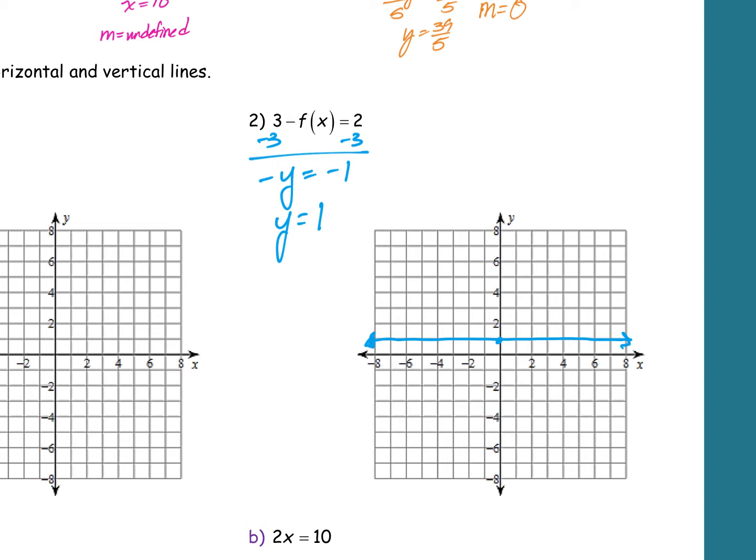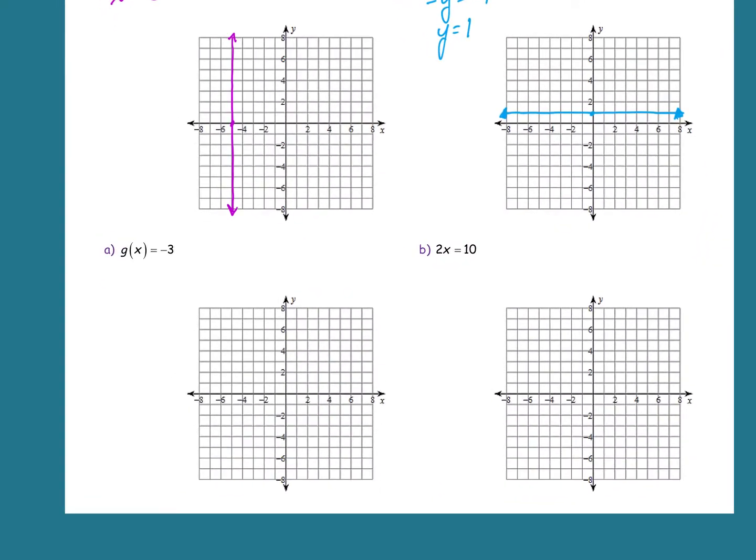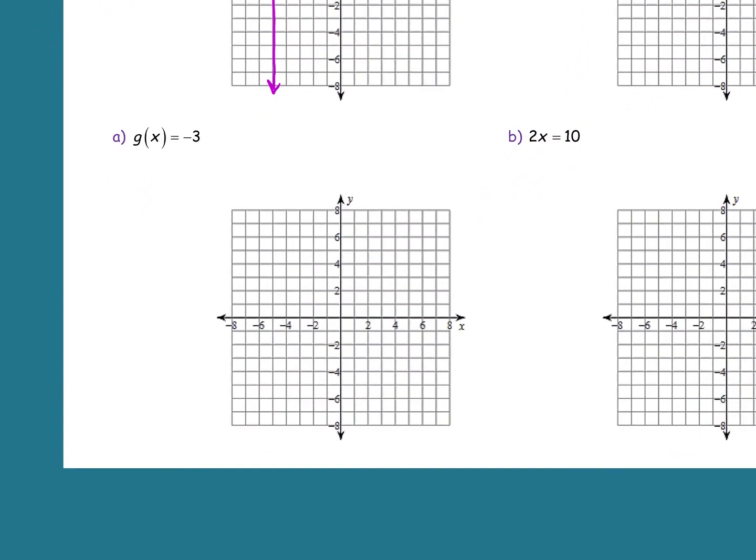Done. If you can just remember that y equals some number is horizontal and x equals some number is vertical, you guys have it, right? It's pretty easy. Okay, you guys go. Awesome. This is y equals -3, right? Yep. So it's vertical at, there we go.